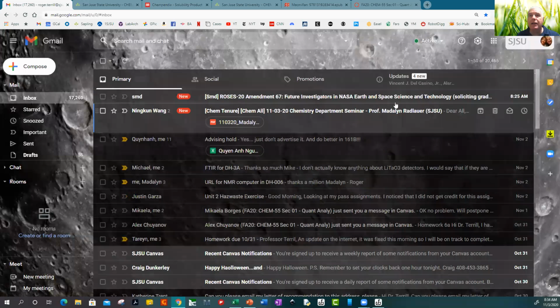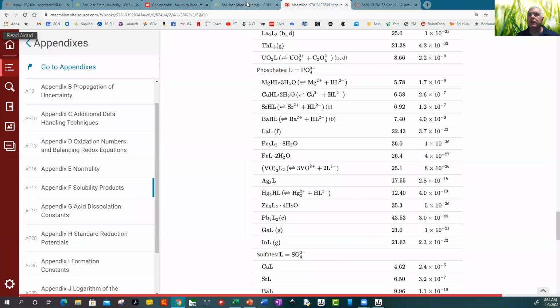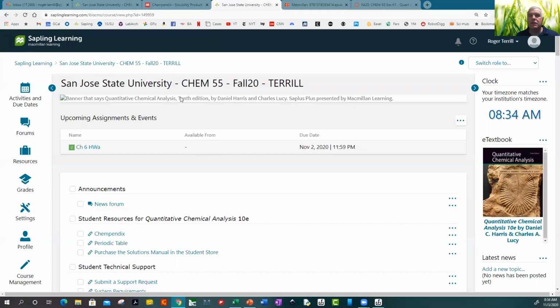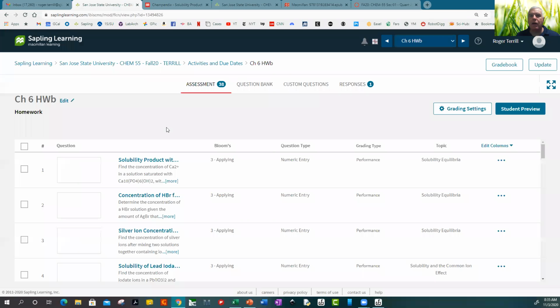There is the homework, 6A here, and we're starting on 6B. I'm going to do a couple of homework problems from 6B to get you going on it, because I was flummoxed the first time I got to this. It turns out it wasn't as bad as I was thinking.